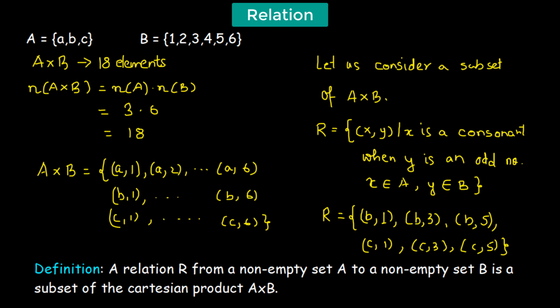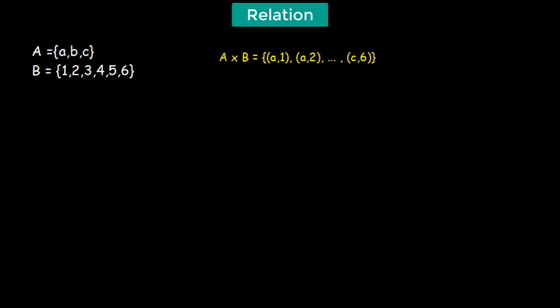We can visually represent the above relation using a Venn diagram. For the two sets A and B, given by the elements a, b and c for set A and 1, 2, 3, 4, 5, 6 for set B, we have the Cartesian product of A and B given by the 18 ordered pairs. Now we can represent this using a Venn diagram.